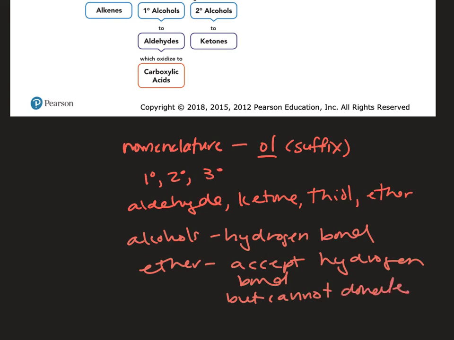You need to understand how this manifests itself into intermolecular forces. So for example, alcohols will have stronger intermolecular forces than an ether with a similar molecular weight because you have more hydrogen bonding capability. Therefore, you have a higher boiling point.